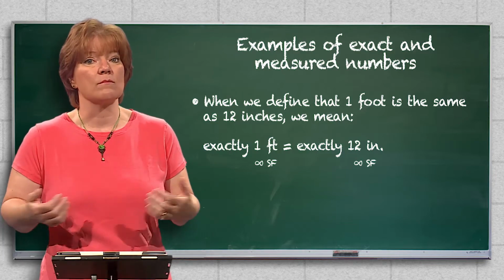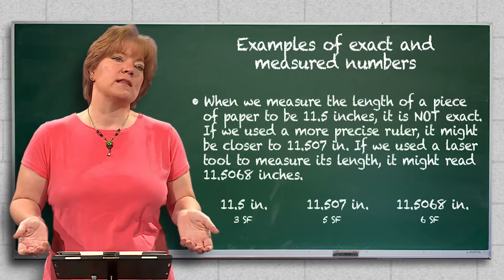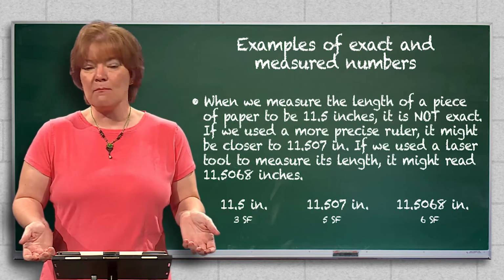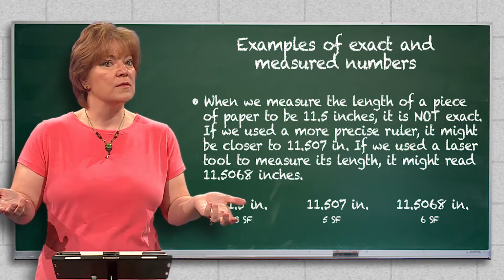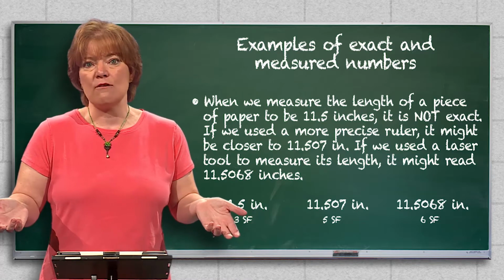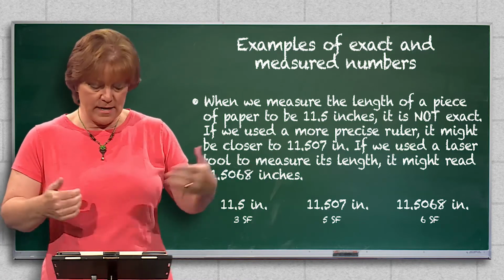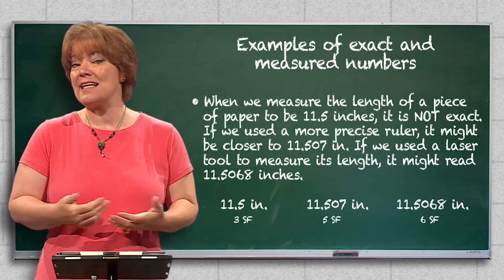They're both exact numbers. However, when we measure the length of a piece of paper to be 11.5 inches, it is not exact. If we used a more precise ruler, it might be 11.507 inches. If we used like a laser device to measure its length, it might read 11.5068 inches.